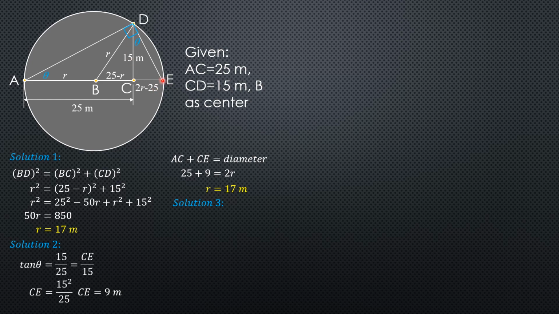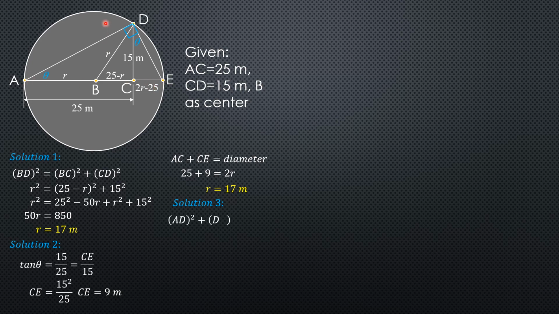Because this is a right triangle, applying the Pythagorean theorem again, AD square plus DE square equals diameter AE square, where AD square is 25 square plus 15 square, while DE square is (2R minus 25) square plus 15 square, and it is equal to AE, which is the diameter, (2R) square.